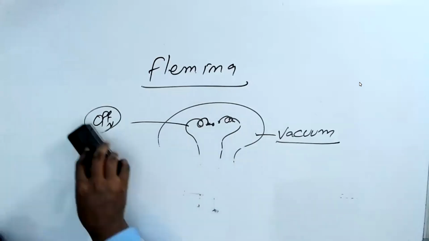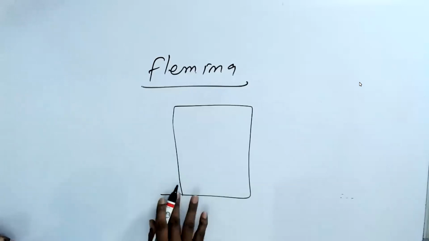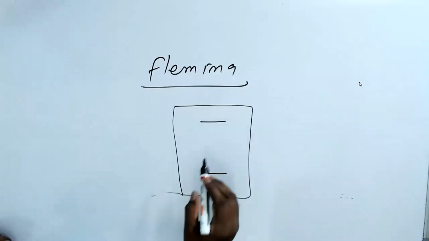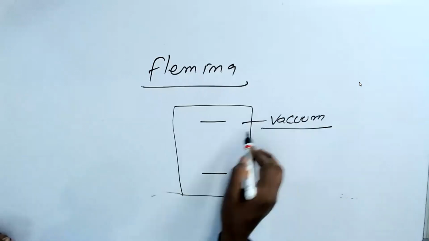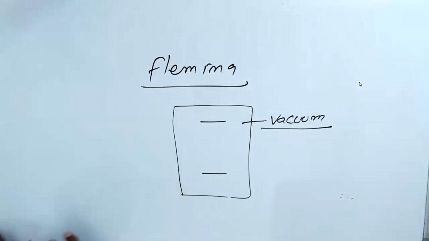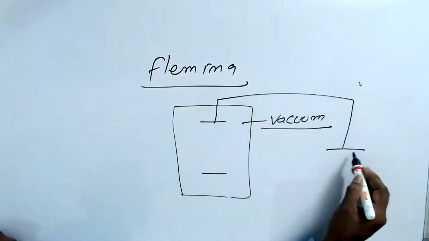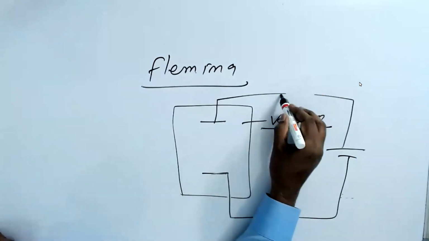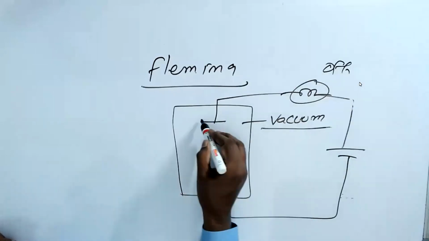Then he changed the box a little. He connected two wires like this. This is vacuum. Now he has collected positive and negative here. There's a bulb here. The bulb was off because there is no connection.